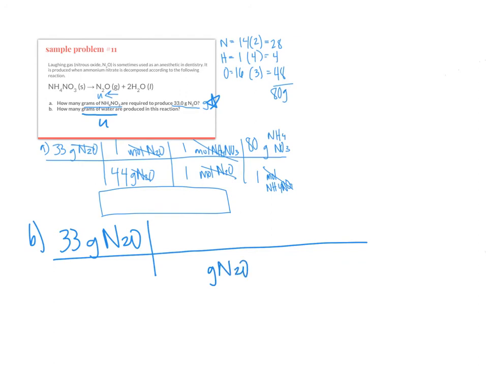And we're trying to get to grams of water. And again, you might be like, well, wait, you have grams, so it just makes sense. They're both grams. So you can do them in the same step. No, because they're grams of two completely different compounds. So if you have 80 grams of one thing and 14 grams of another, clearly those do not equal each other, right? So you have to go next to moles N2O.